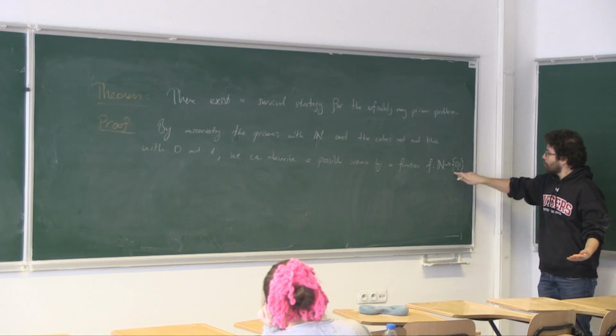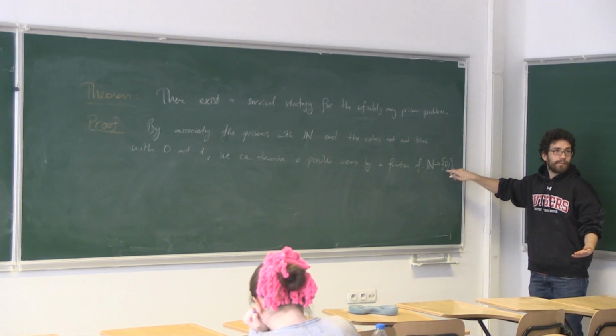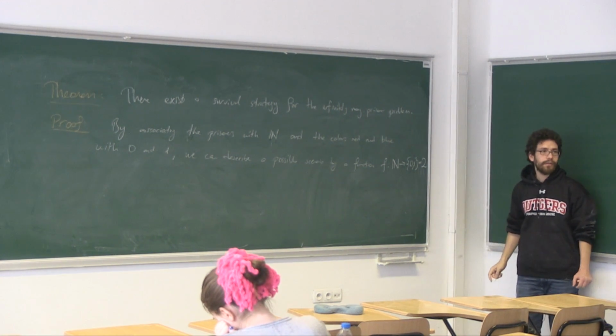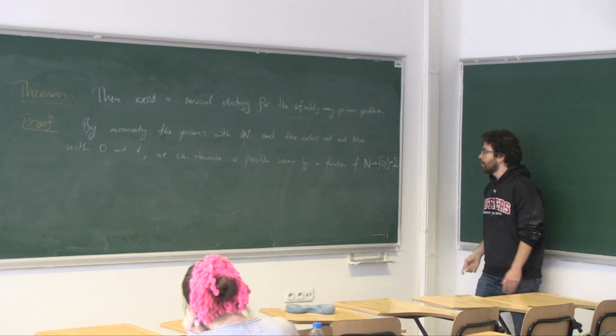I'm going to call this doubleton consisting of 0 and 1, 2. You're going to understand why I'm doing that later.